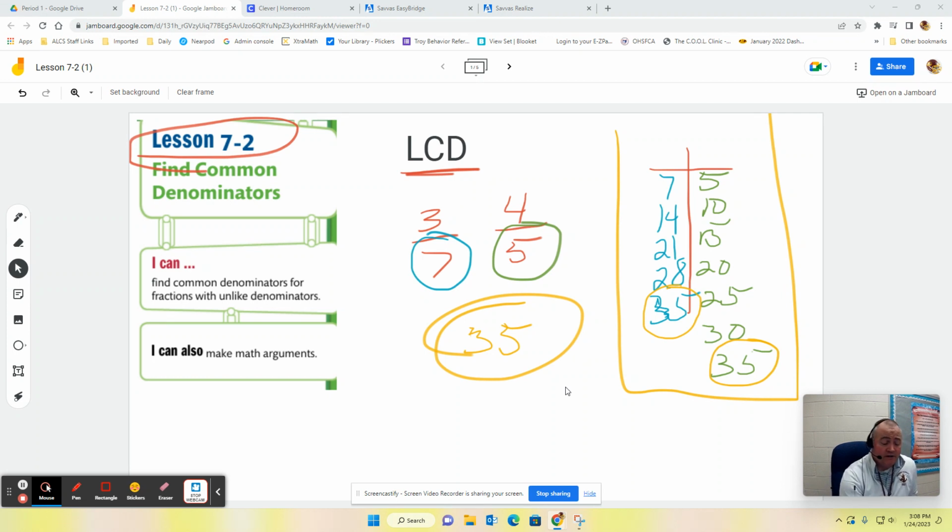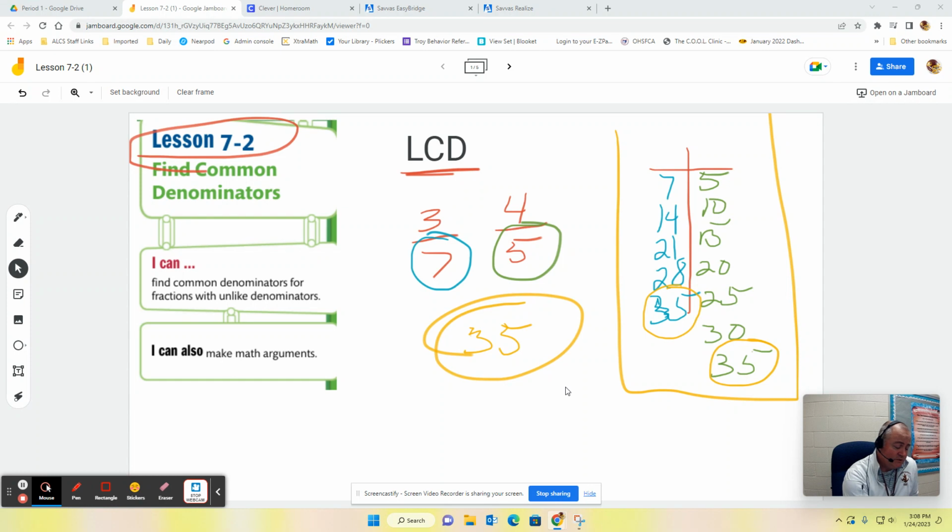Now, I could go over and I could make my T-chart and I could list all the multiples of 12 and all the multiples of 3. 12 times 1 is 12, times 2 is 24. Then I would do 3 times 1 is 3, times 2 is 6, times 3 is 9, times 4 is 12. And I would say right away, there's my common denominator.